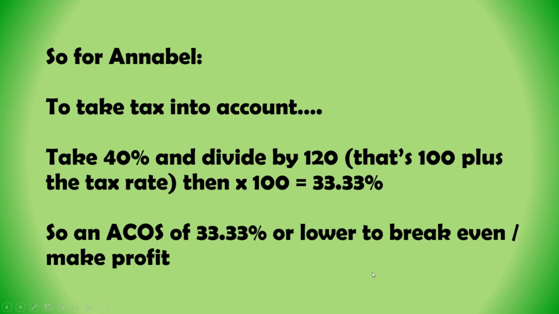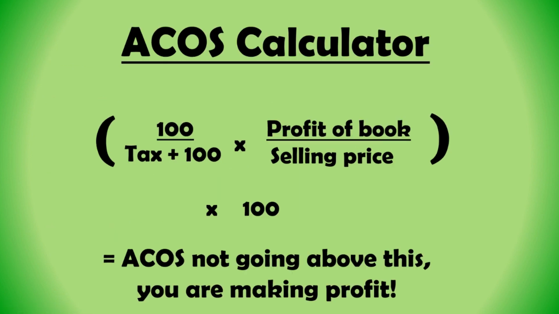So for Annabelle, if we're taking into account the tax that she's going to spend on that advertising fee, you take your 40%, you divide it by 120. Remember, that's 100 plus the tax rate, and then you multiply it by 100. So her break-even ACOS, taking into account all the tax and everything else, if she gets an ACOS of 33.33% or lower, she will make money.